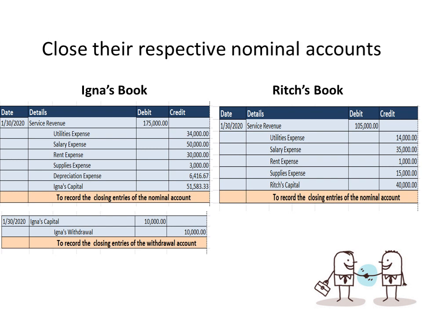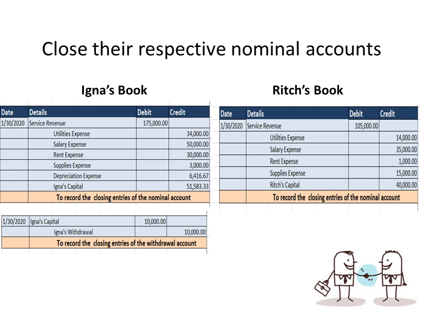When we put it on the debit side, it will put the balance to 0. So, we have utilities expense, credit, 34,000; salaries expense, 50,000; rent expense, 30,000; supplies expense, 3,000; depreciation expense, 6,416.67; and Igna's capital, 51,583.33. That records the closing entry of the nominal accounts.